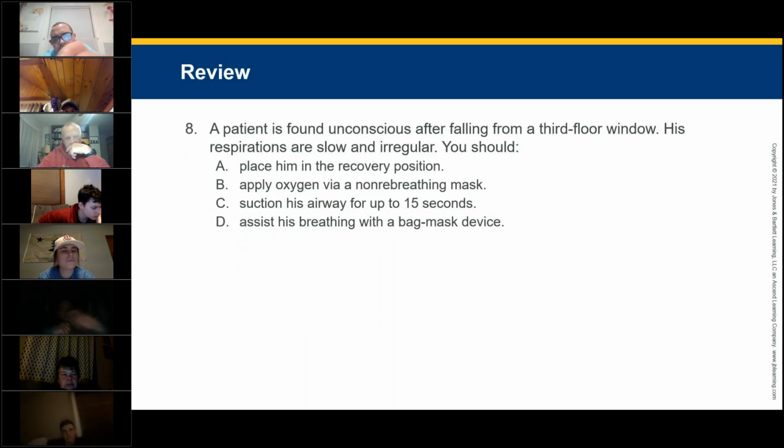A patient is found unconscious after falling from a third-floor window. His respirations are slow and irregular. You should do what?